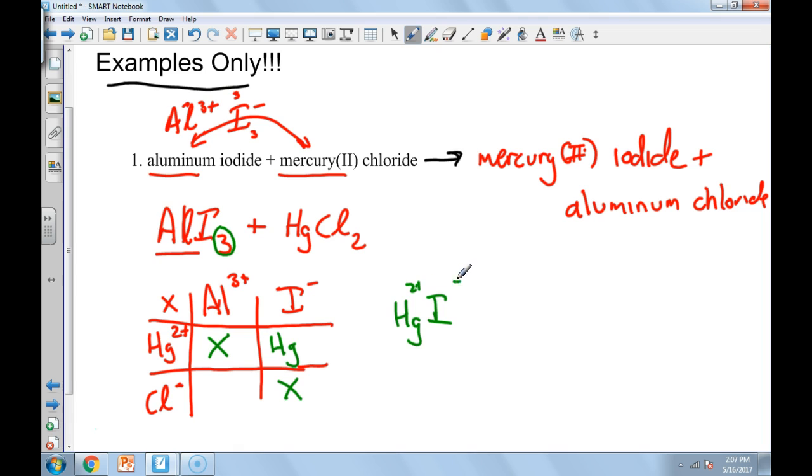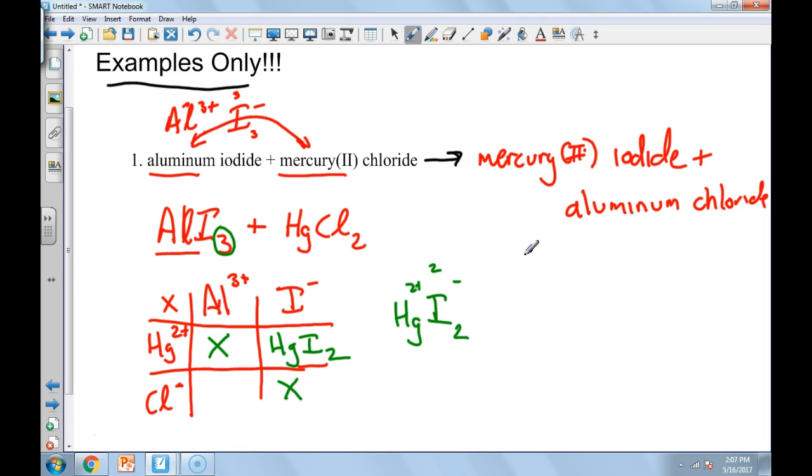This is a minus. And 2 is the least common multiple, so we need a 2. So this is going to be HgI2, because when we make the formulas of compounds, we have to use the charges on the ions in order to do it. It's not the existing coefficient that's there.